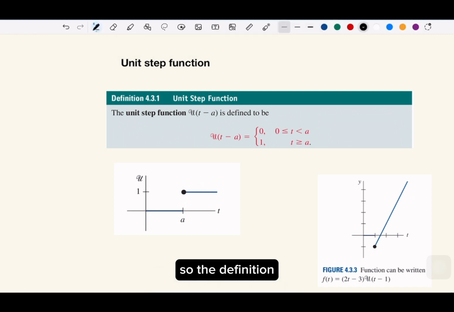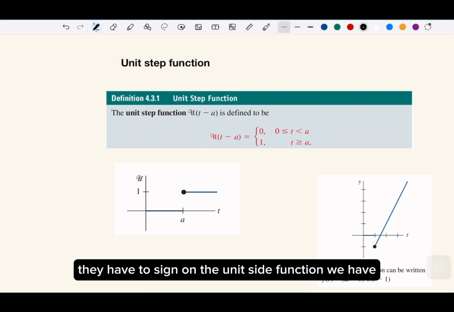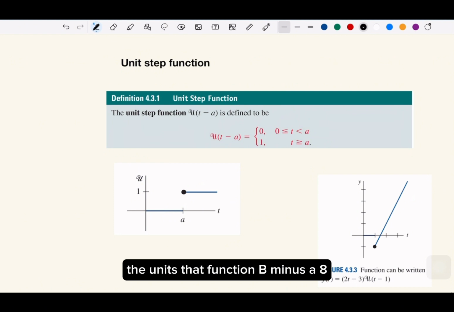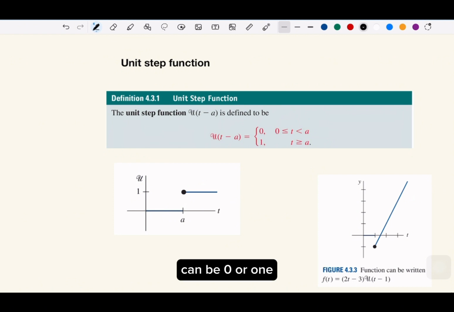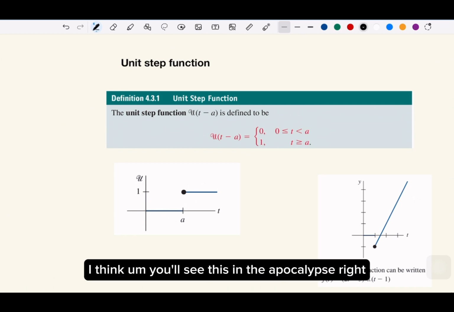So the definition of the Heaviside or the unit step function, usually how we write it is with the curve u, the unit step function, t minus a. It can be 0 or 1. I think you'll see this in calculus, right?